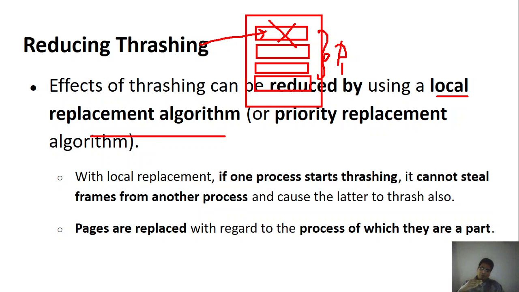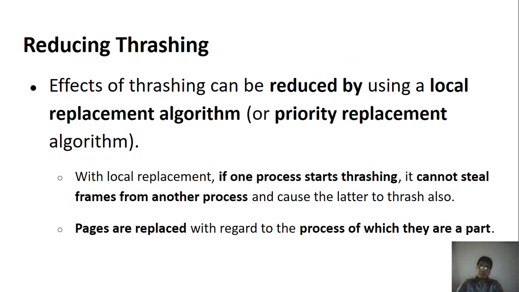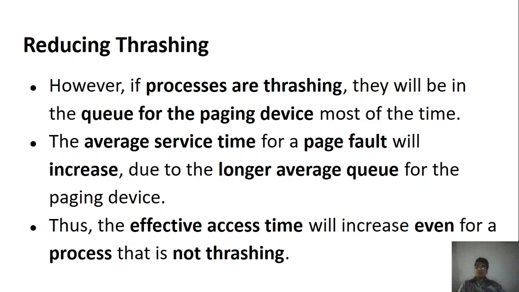If the process says I don't have a frame, take one of its own frames, not somebody else's, and replace it with the new frame. In that case only that process will end up in a page fault, and others will not have a problem. So that's a great idea. It is not stealing the frames of the other processes.